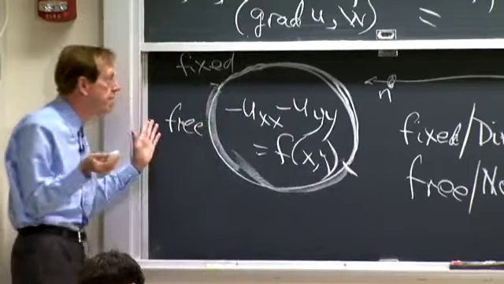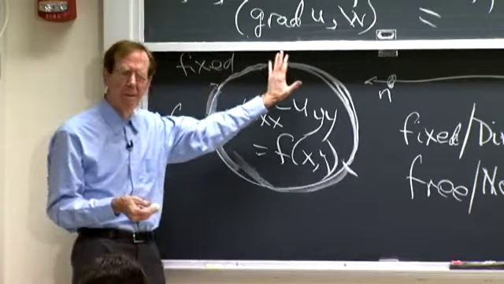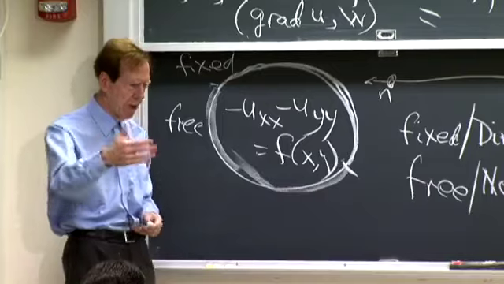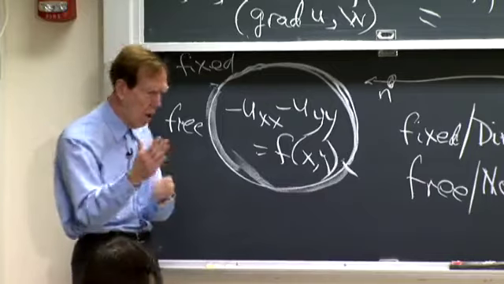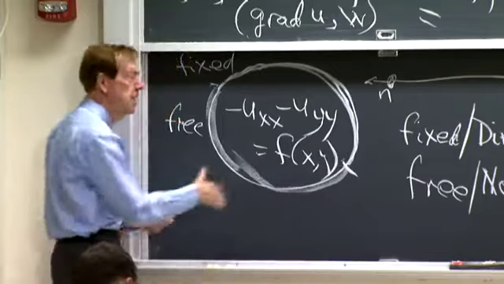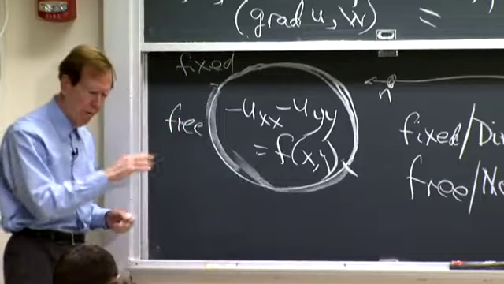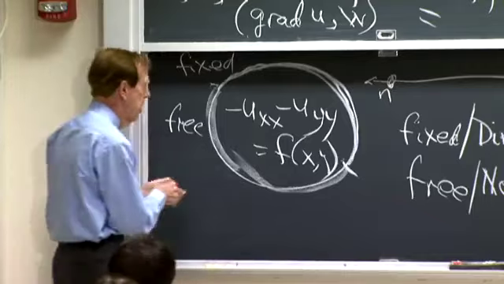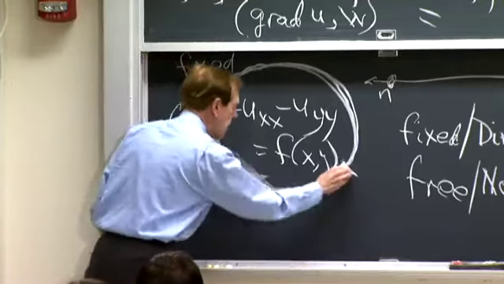In fluids, fixed corresponds to there being some obstacle there, some wall. Free is where the fluid is coming in or flowing out. So there it's a velocity condition.